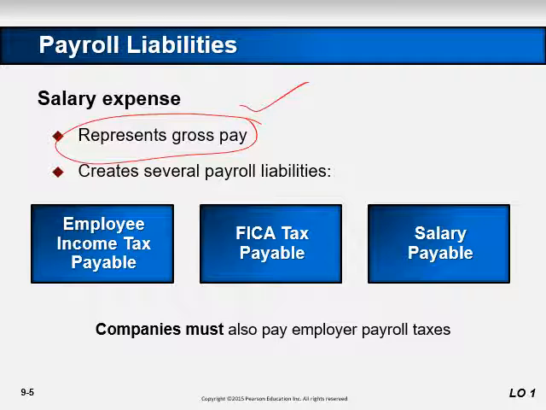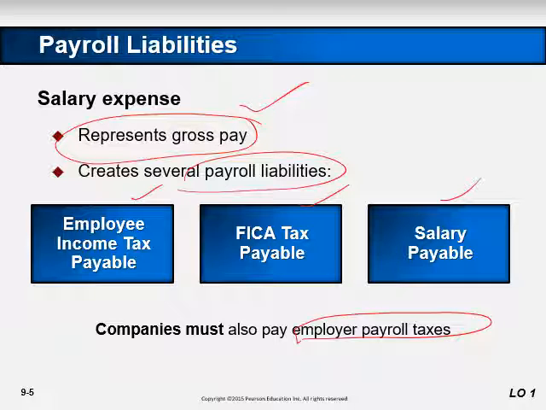So we create several payroll liabilities: employee tax payable, FICA tax payable, and salary payable. The company must also pay employer payroll taxes. In some countries it is the responsibility of the company to deduct the tax and submit it to the state. Otherwise, you give the full salary to the employee and assume that the employee himself pays the taxes to the government.